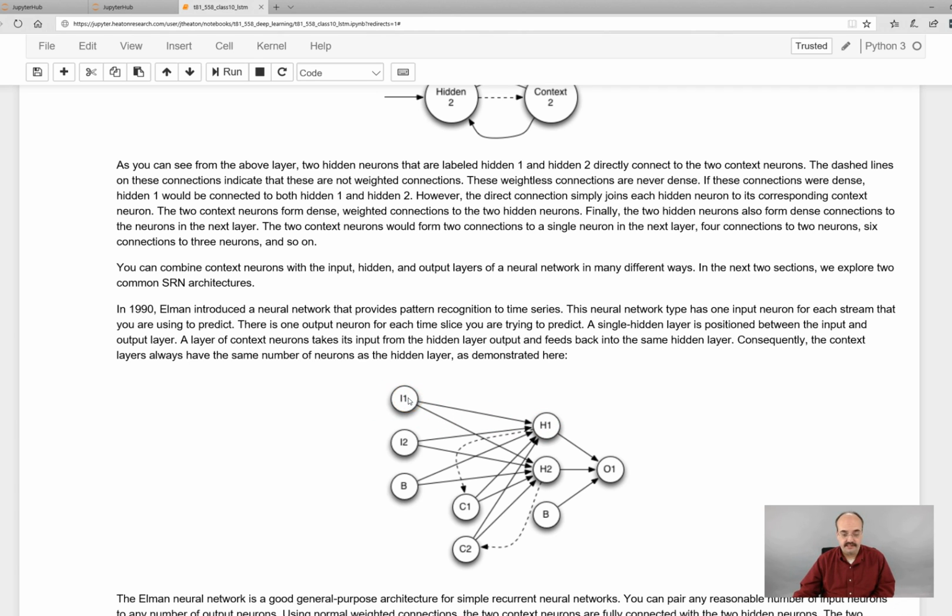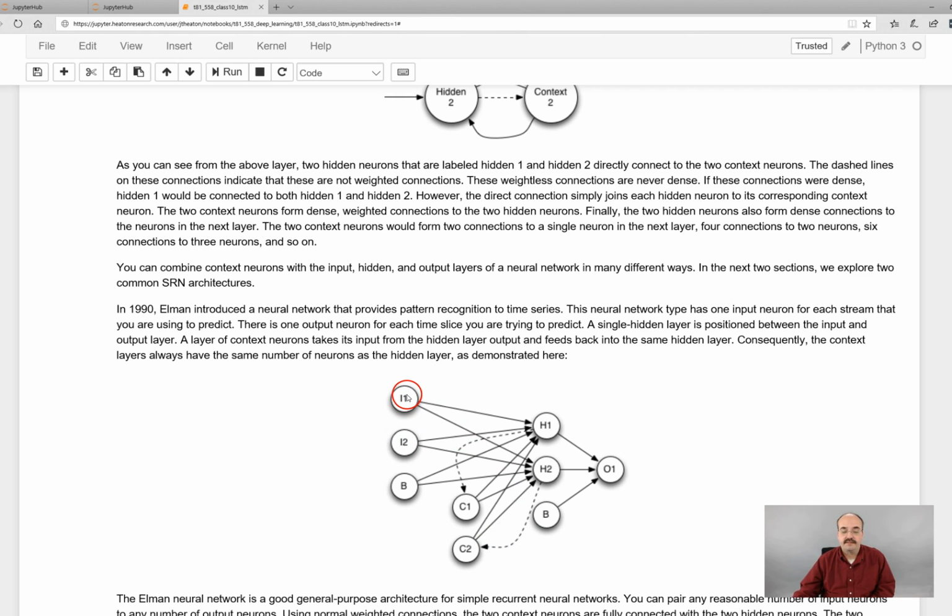So you have two inputs, input 1, input 2. You always have biases on non-output layers, so you have the two biases. And in an Elman neural network, you always have the same number of context neurons as you do hidden neurons. Notice there are basically two dashed lines. Those two dashed lines mean exactly what they meant before. It's a simple copy.